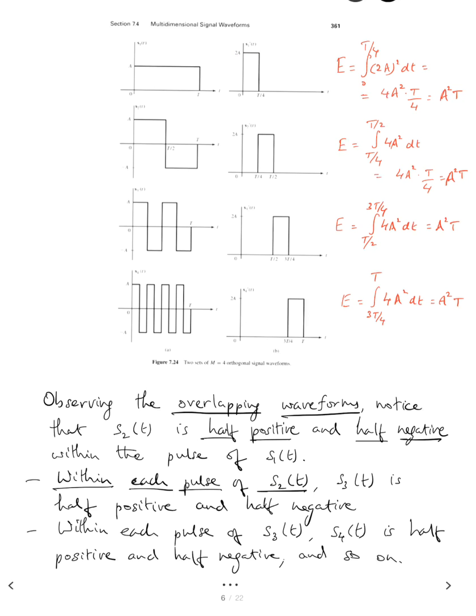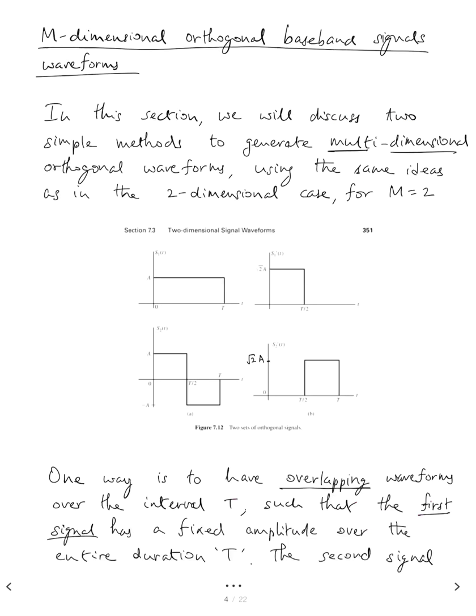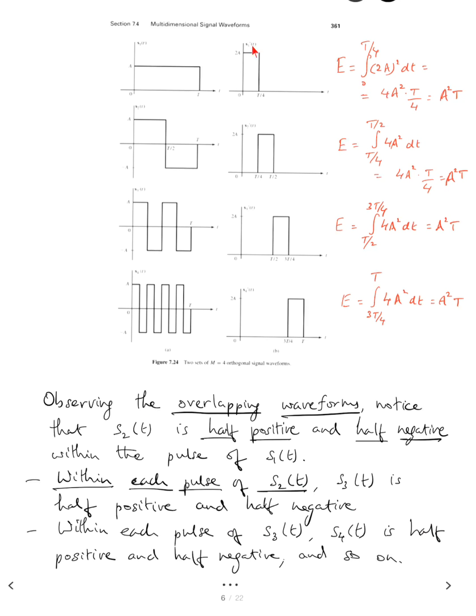Then we choose the amplitude to be 2a. If you recall, for the binary case, m equal to 2, the amplitude is a root 2. For m equal to 4, it's a root 4, and root 4 is basically 2. In general, for any value of m, when you want to construct non-overlapping orthogonal waveforms, we set the amplitude of each waveform to be a root of m.